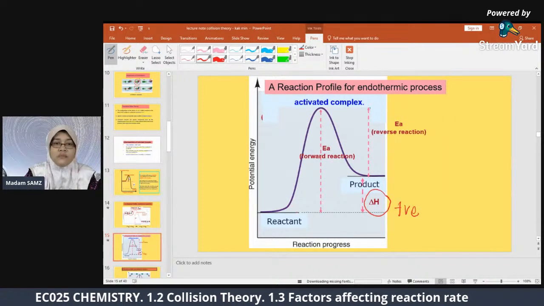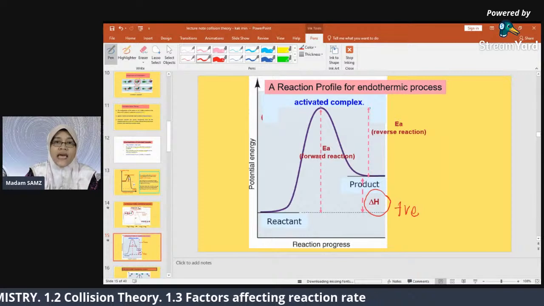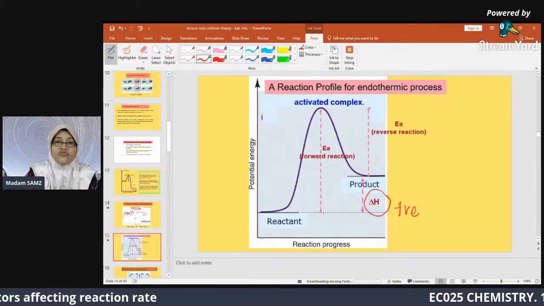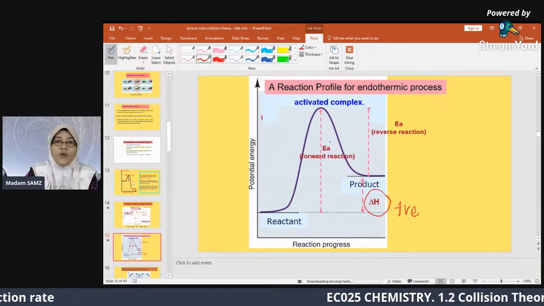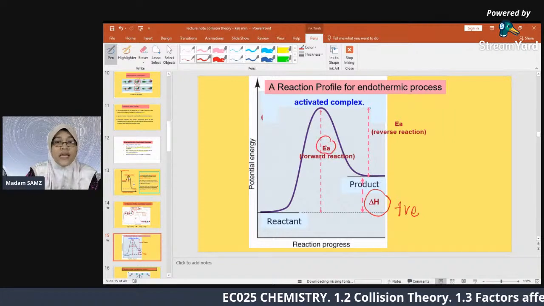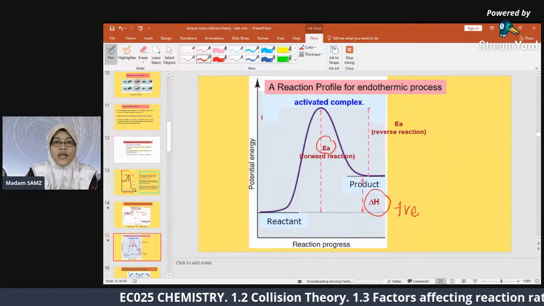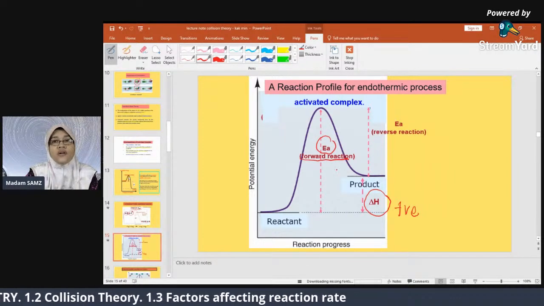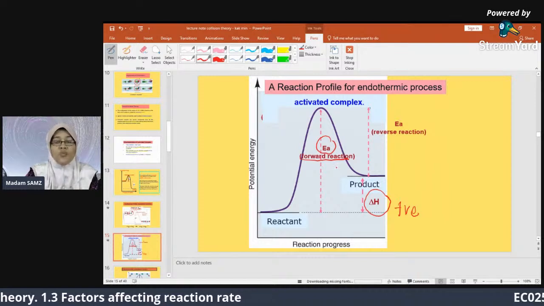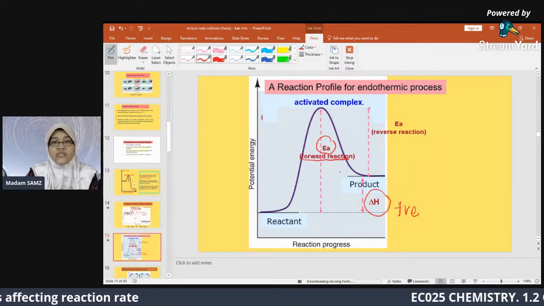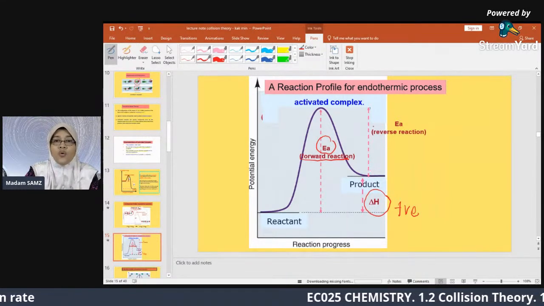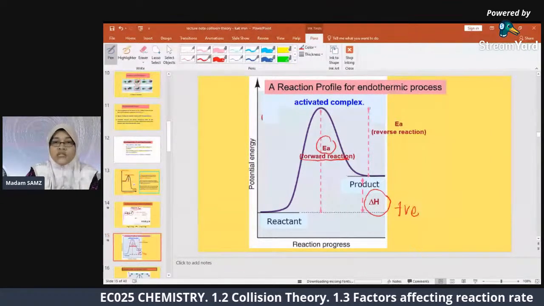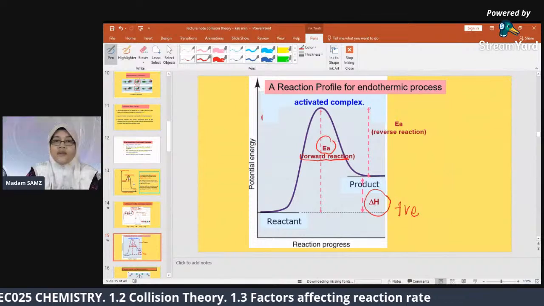And the difference between reactants and activated complex, I repeat, the difference in energy between reactant and activated complex we call the activation energy. This activation energy is for the forward reaction. And we have another activation energy, for the reverse reaction, when we take the difference in potential energy between product and activated complex.